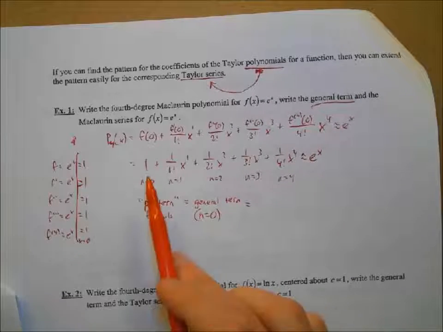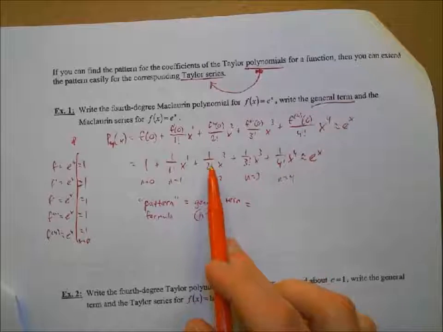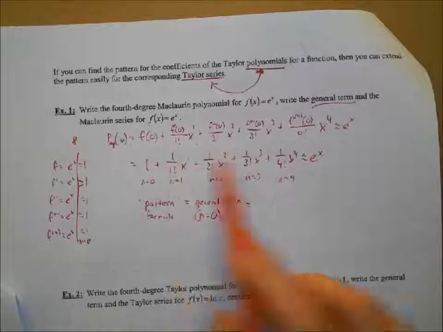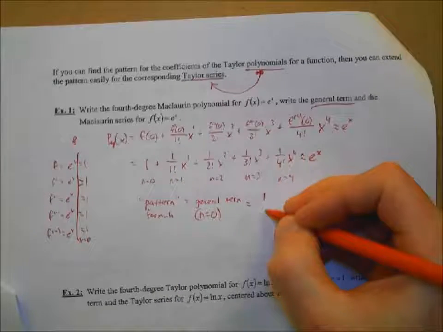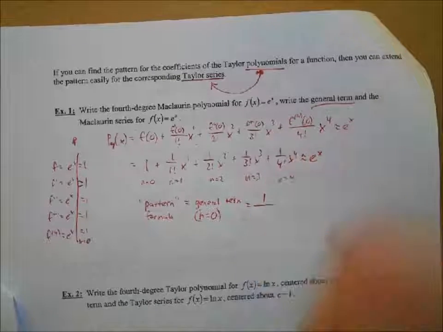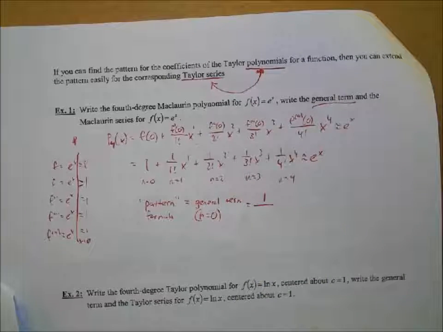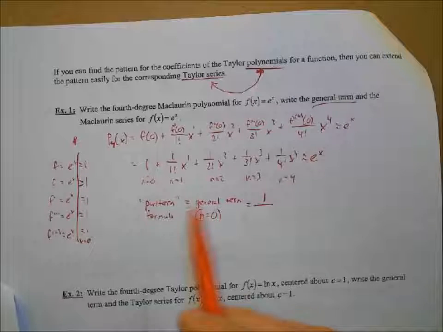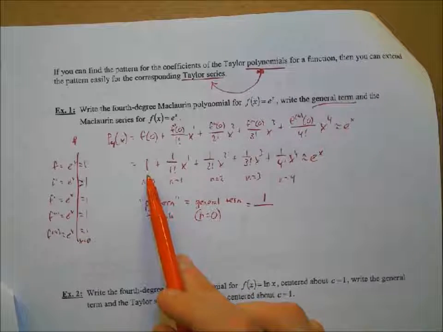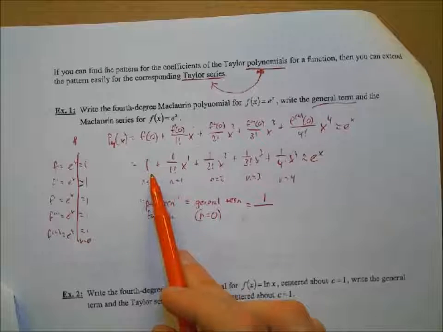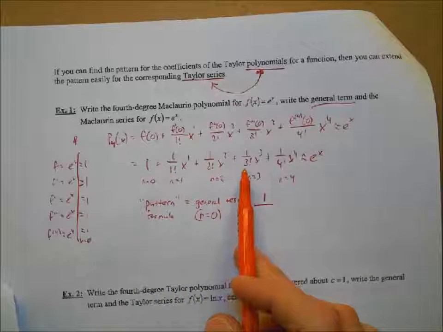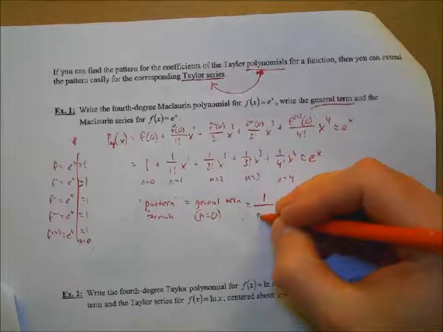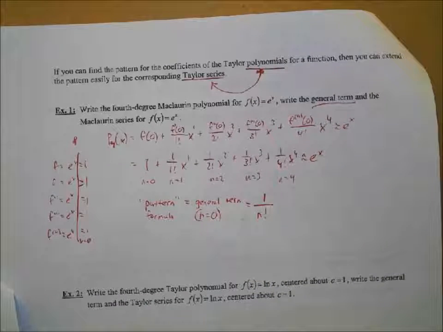Well, we have a fraction in these, 1 over something. It's always 1 over something, so we can put a 1 in the numerator over, and then what should be in the denominator? N factorial, right? Even 0 factorial will still give us a 1, so it'll be 1 over 1. So it's 0 factorial, 1 factorial, 2 factorial, 3 factorial, 4 factorial, so on and so forth. So we probably just want n factorial in the denominator there.